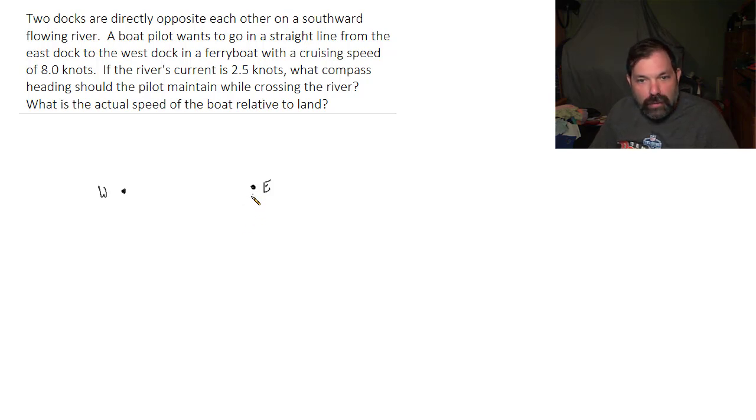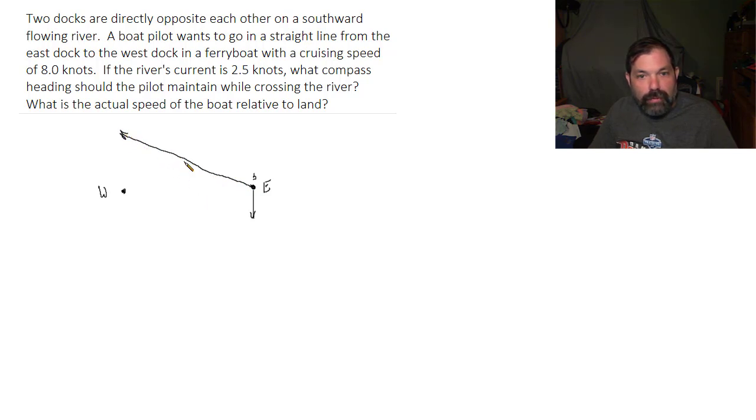So if we think, okay, the boat is here right now, what's happening? There are two vectors: the engine, and the river. The river we know is flowing southward at 2.5 knots, and the engine can take the boat at 8 knots. If we want to go directly from east to west, we're going to have to head out on a vector like this.